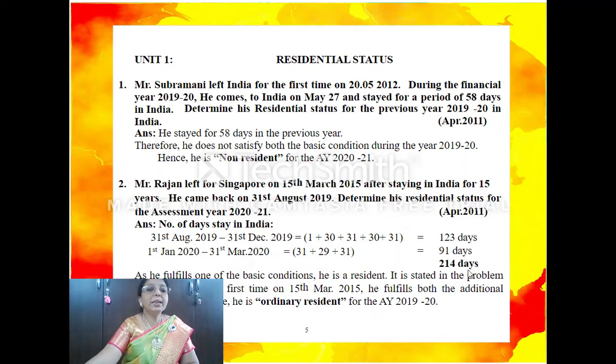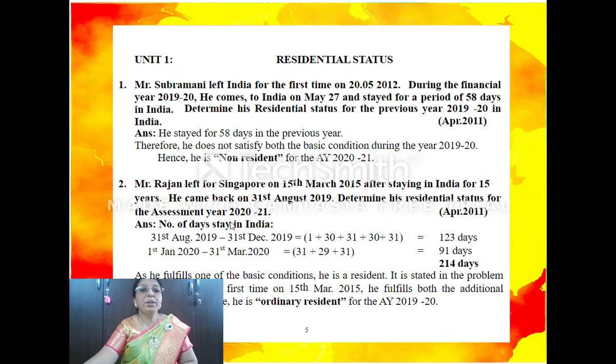To be a resident, he has to be in India for at least 182 days, and he is here more than that, so he is a resident. Then to be ordinarily resident, he should be in India for at least 730 days in 7 years prior to the previous year, and he should be a resident for at least 2 out of 10 years prior to the previous year.